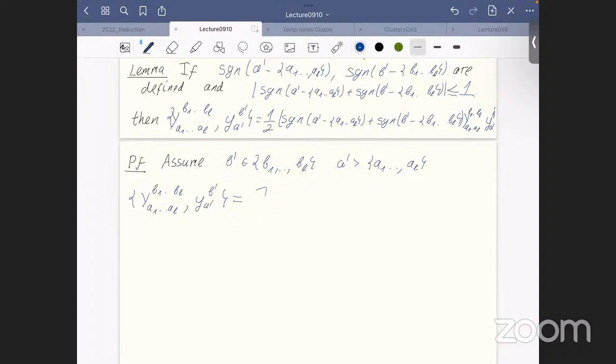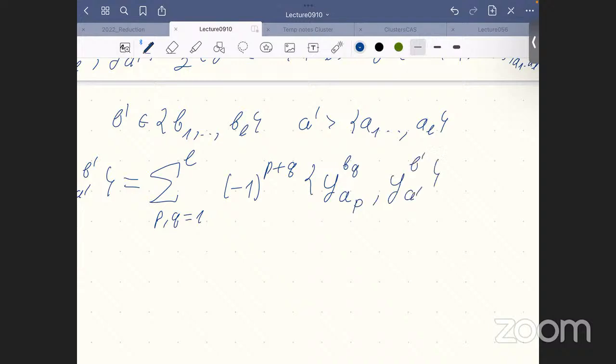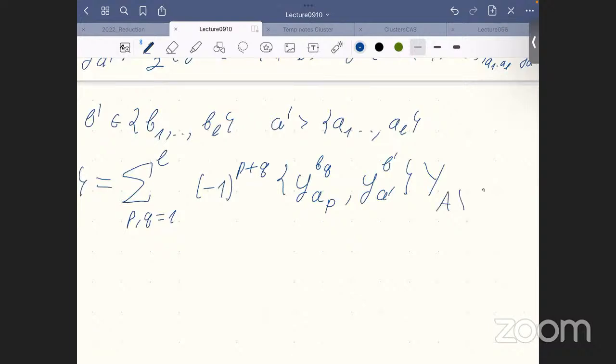So we get a summation over P and Q from 1 to L of minus 1 to the power P plus Q, bracket of Y A L A P B Q by A prime B prime, and here we get a remaining set, which is A without P, B without BQ.